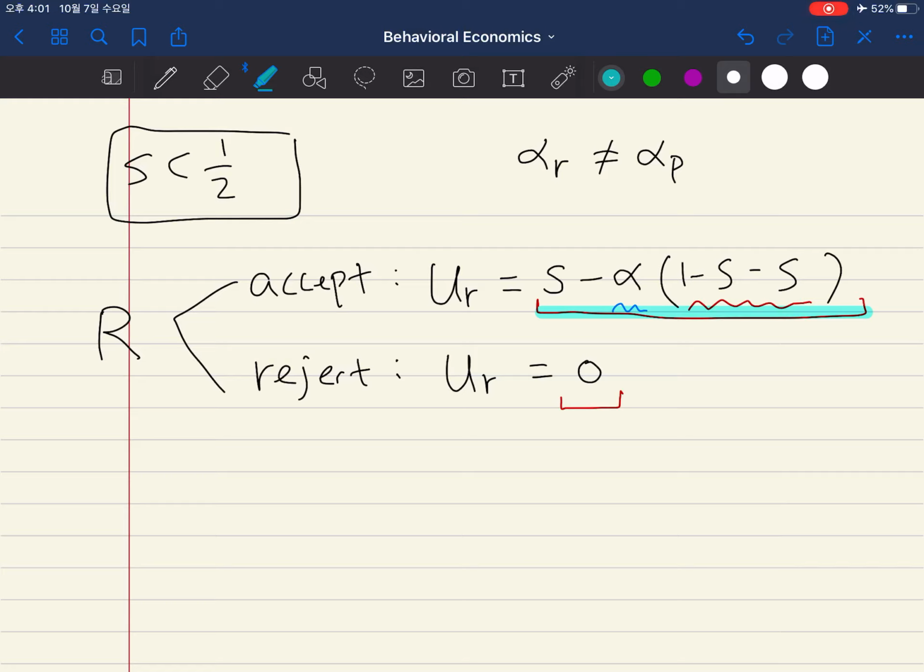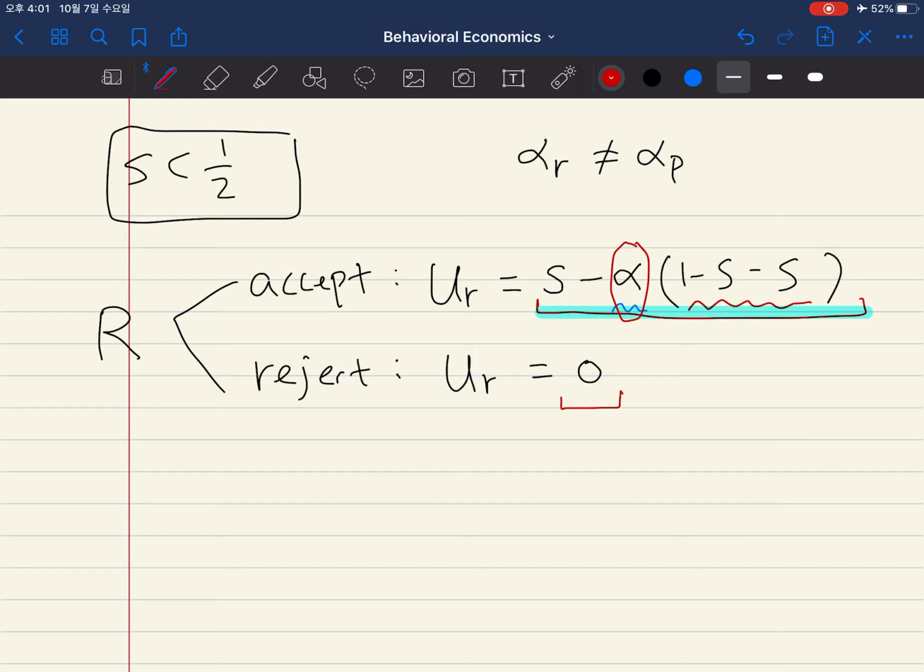This is possible if alpha is really big. When responder accepts the offer, responder is gonna get less than half of the resource. In this case, responder is going to consume and get some positive utility from consumption. But if alpha is really big, responder is gonna feel a big amount of disutility from inequality. Because of this effect, it is possible that responder's utility is negative.